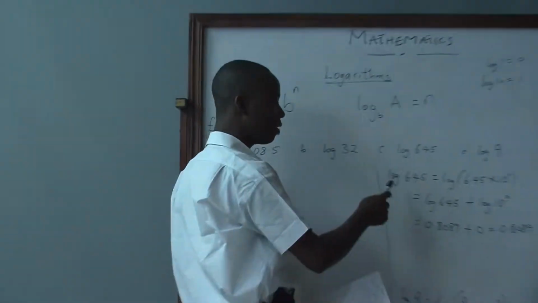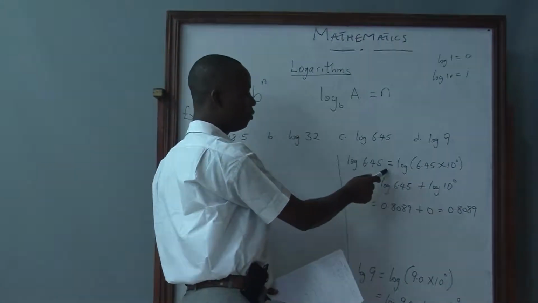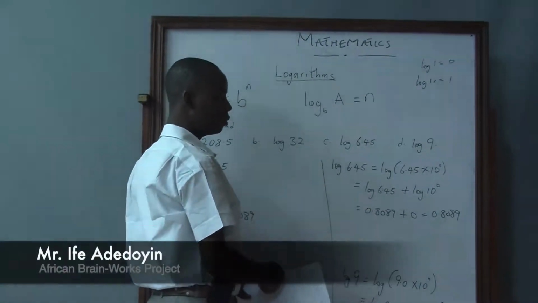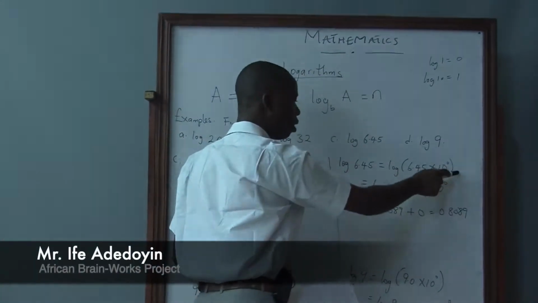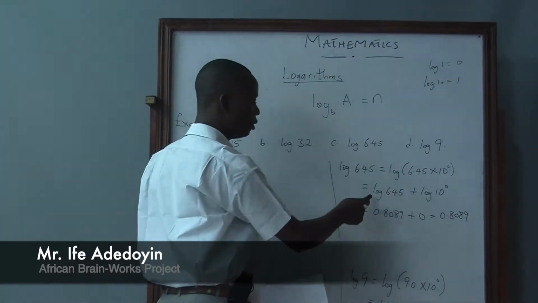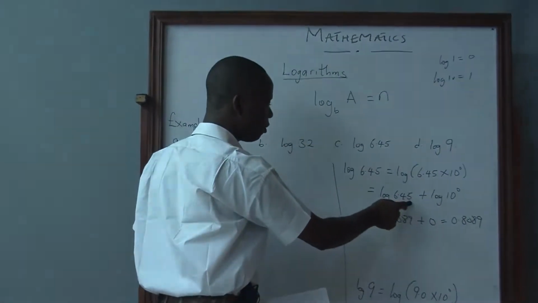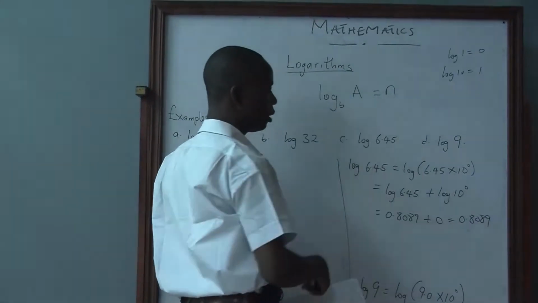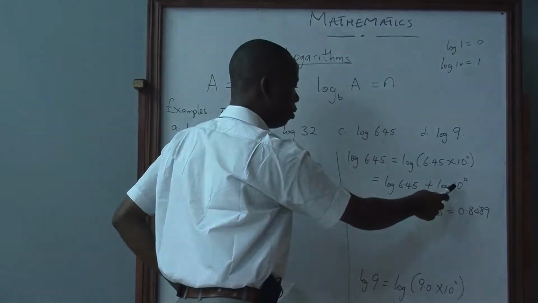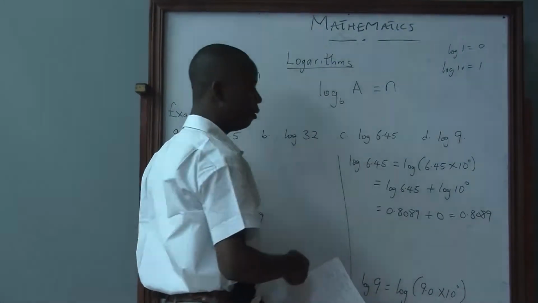Alternatively, writing it in standard form, 6.45 will equal what we have inside this bracket. And according to the law of logarithm, the first law that we treated earlier, this will be log 6.5 plus log 10 raised to the power of 0. Now, from what I've explained earlier, log 10 raised to the power of 0 will equal 0.